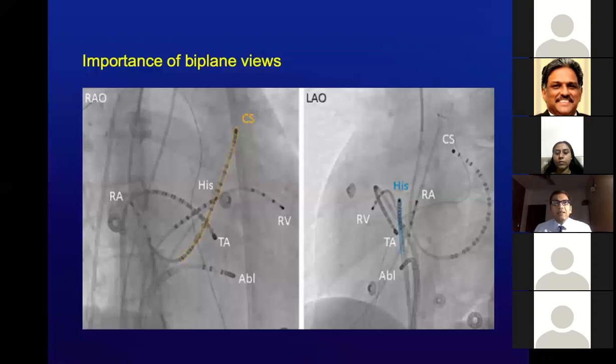So if you imagine the heart, this is the heart in the right anterior oblique, and this is the heart in the left anterior oblique. The heart is then divided into an anterior part and a posterior part on the RAO view. The anterior part of the heart is essentially the ventricles.